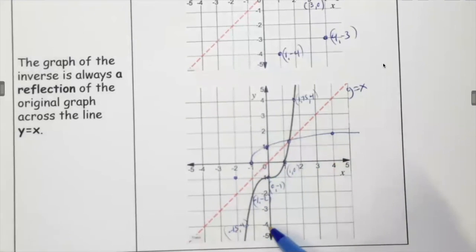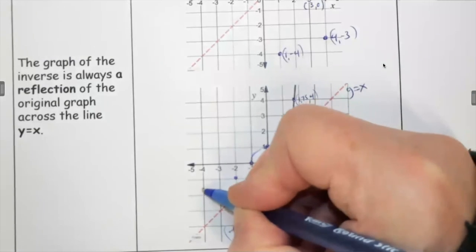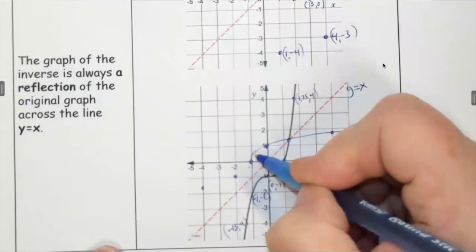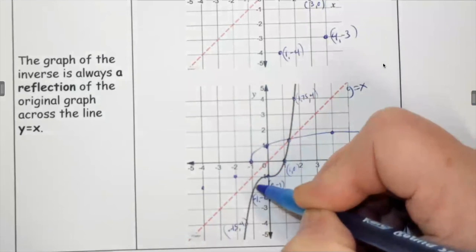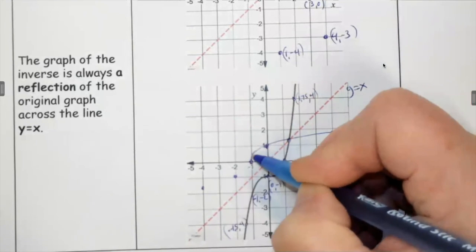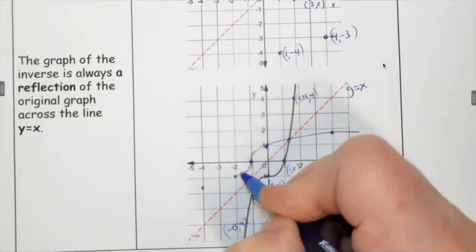So -4, -1.5. And that's enough to guide me. The function is going out, in towards, and out.